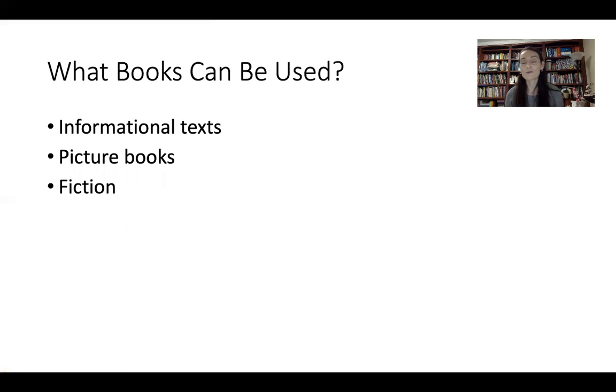So the question may be, what books can we use for this process? You may be thinking, oh, fictional text, fiction will work well. It will, but also informational text, because children really are excited with informational text and with real things.